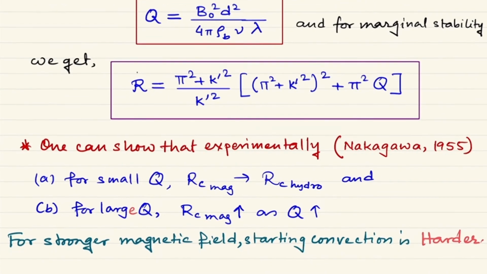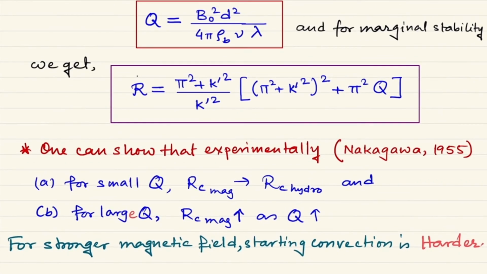What is the meaning of that? The meaning is simply that if your Q increases, that increases your critical Rayleigh number, which says that for a stronger magnetic field, you have to arrange for a greater temperature gradient to have a convective instability. That means starting convection is comparatively harder.